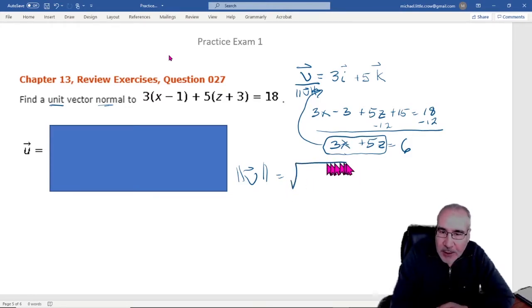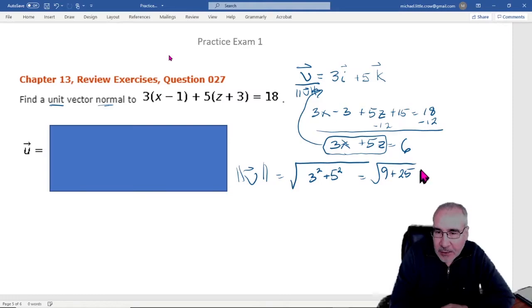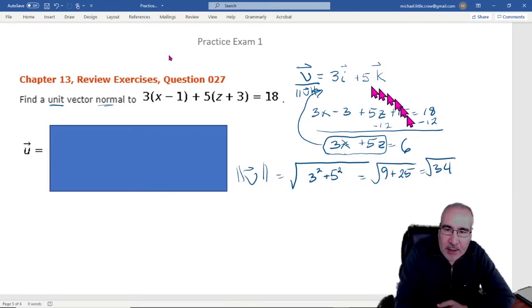So the square root of 3 squared plus 5 squared is going to give us our magnitude. That's 9 plus 25. That's 34, right? So square root of 34 is not a perfect square, so we'll just leave it as square root of 34. And that's what we need to divide each of these components by.